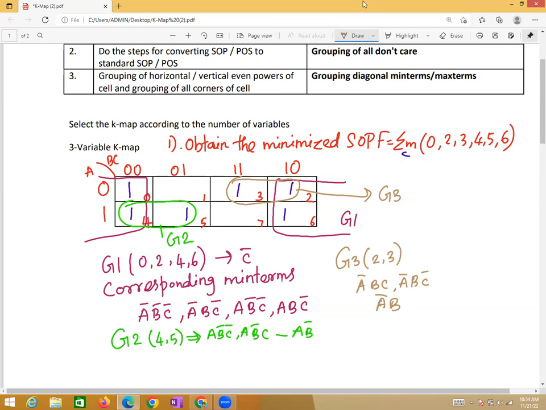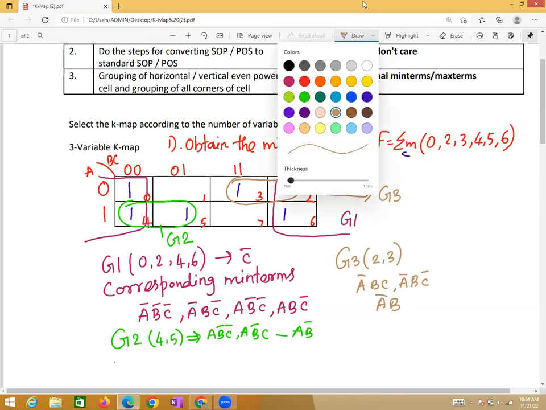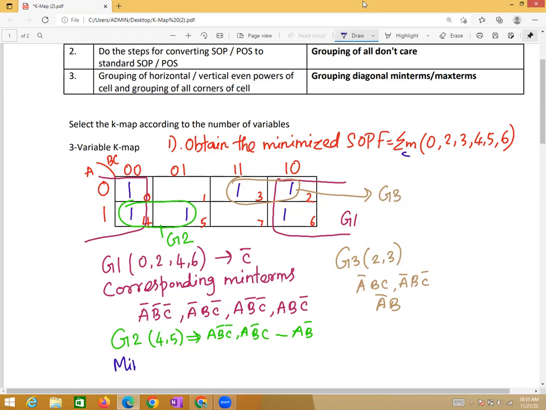So now the minimized SOP for the given expression is: write down the corresponding min terms for each and every group.